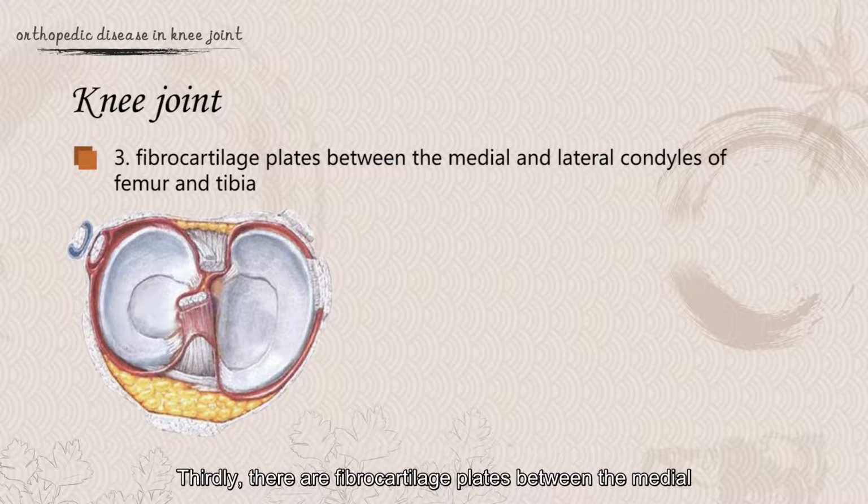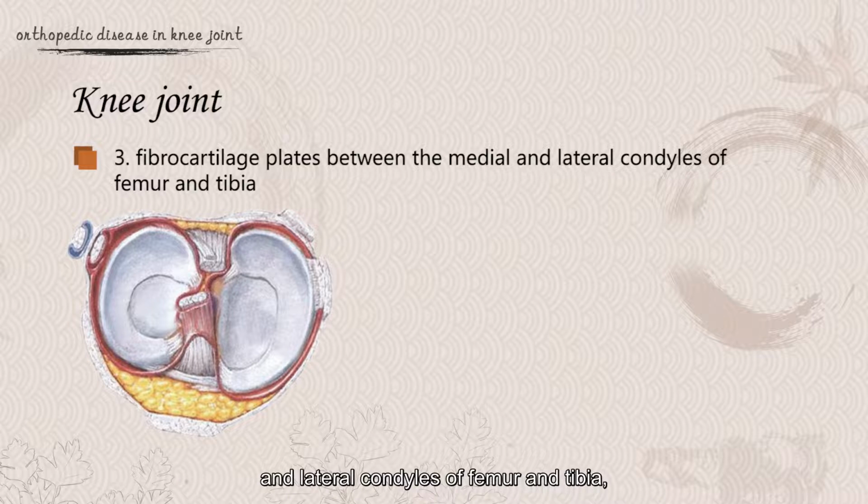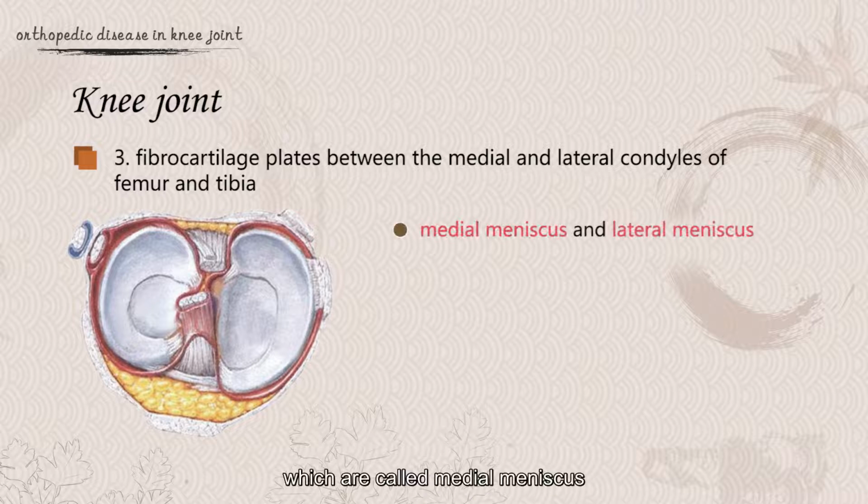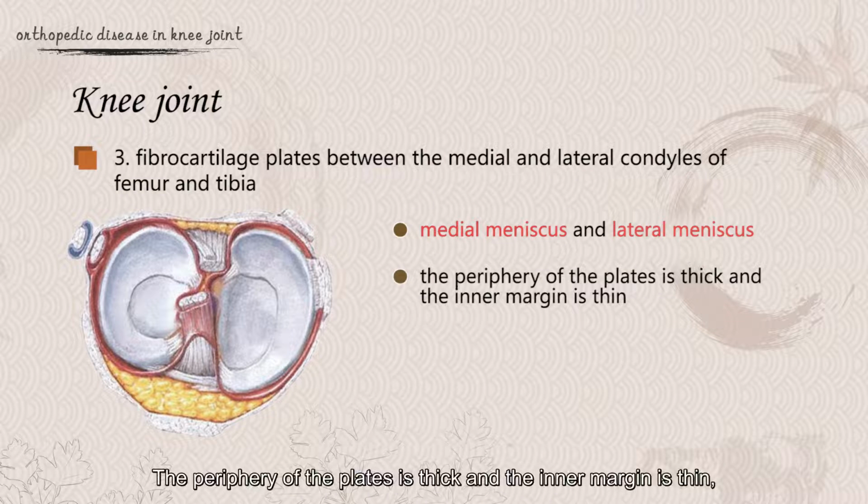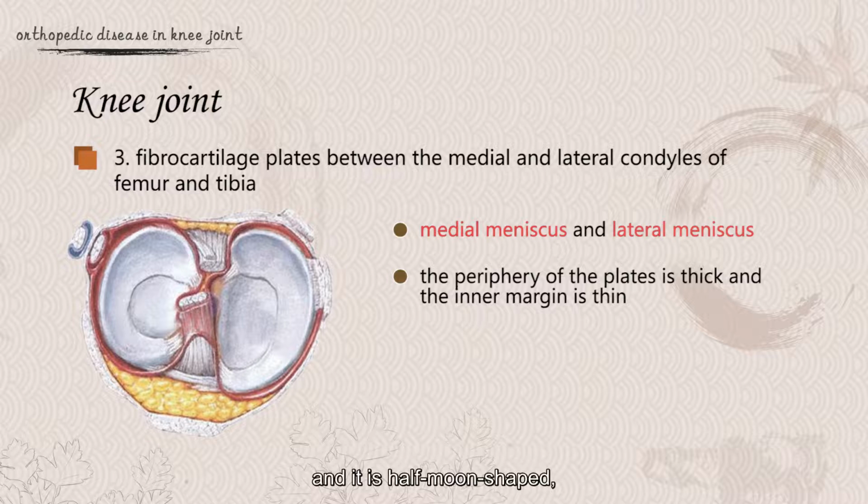Thirdly, there are fibrocartilage plates between the medial and lateral condyles of femur and tibia, which are called medial meniscus and lateral meniscus respectively. The periphery of the plates is thick and the inner margin is thin, and it is half-moon shaped.